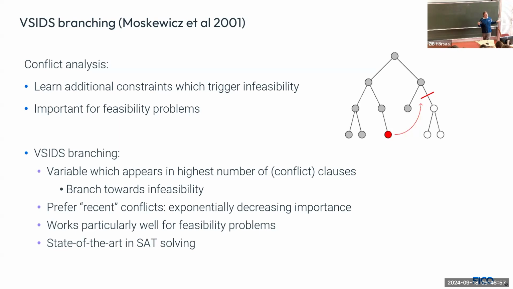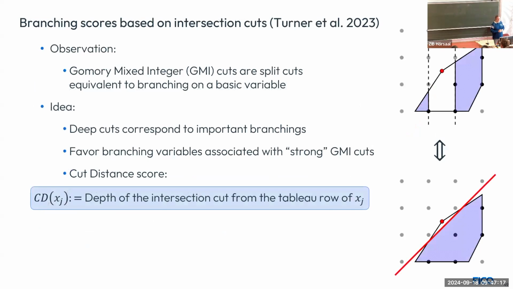That's the logic that comes from the SAT community, so solving of logic Boolean satisfiability problems, which is very close to binary programming. And it's, again, a branching rule that might be good also for solving mixed integer programs.